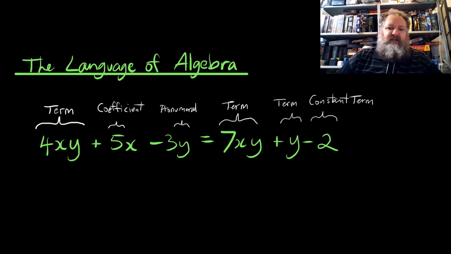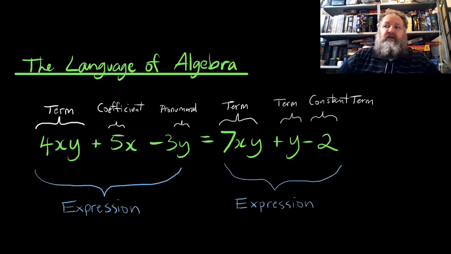Okay, so now I've used that word equation a couple of times. Well, what exactly does that mean? Well, the equation is different than an expression. Here, look, this part on either side of our equal sign is an expression. We have an expression on the left-hand side. We have an expression on the right-hand side. And there's an equal sign in between. There's some equality between those two sides.